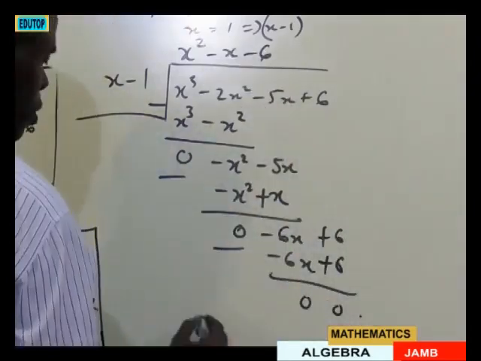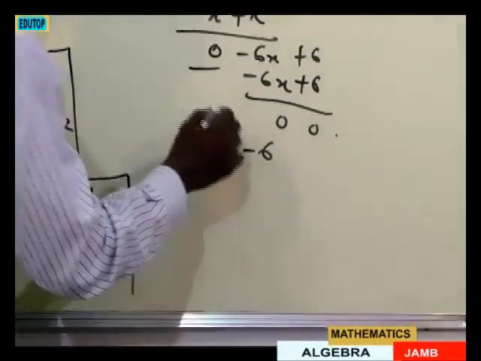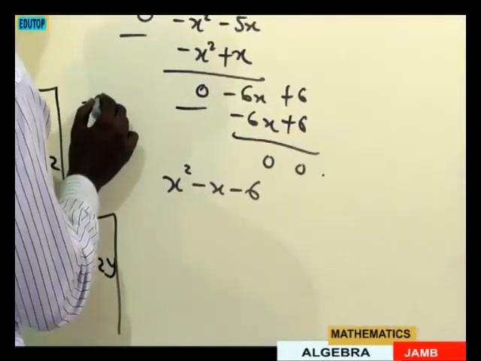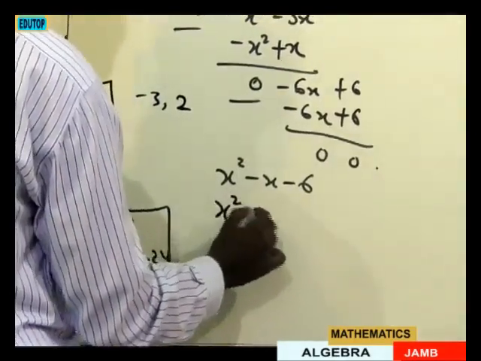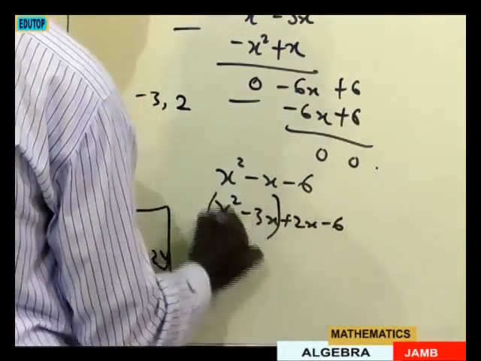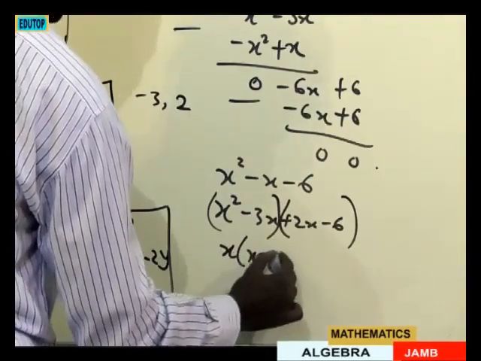That means this is the second quadratic expression, which we are now going to solve by factorization. In this situation, we are going to have minus 3 and 2 as our factors. Then we have x squared minus 3x plus 2x minus 6. What is common here? x is common: x times x minus 3.